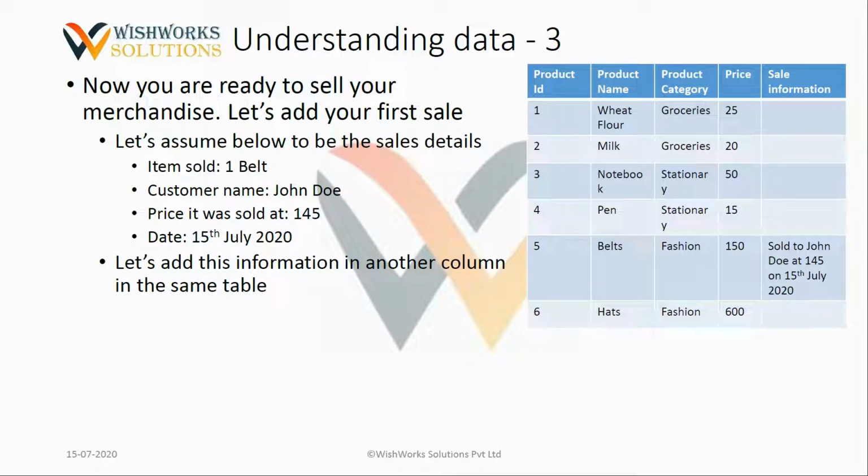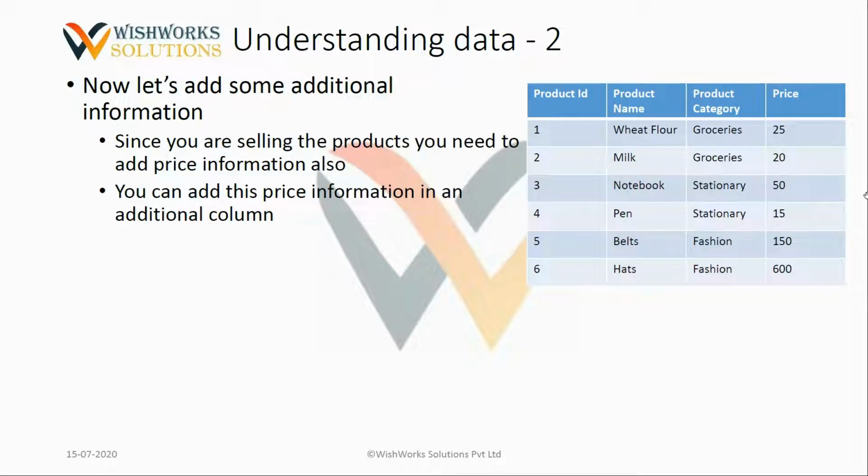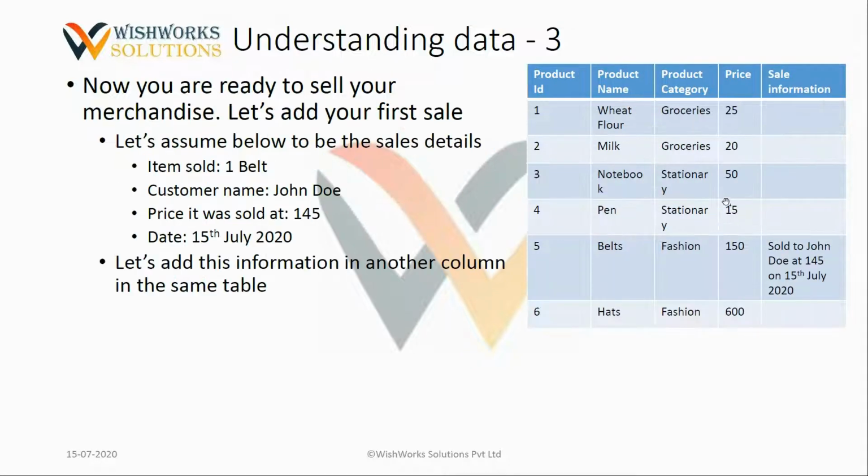Again, if you go by the earlier approach, we can simply add a column to the right, and then we tell that this item has been sold. So I added a column called sale information, and I added the information: sold to John Doe at the rate of 145 on the 15th of July. So this solves the purpose, but it has its own intricacies and drawbacks, which we'll be discussing in the later slides.